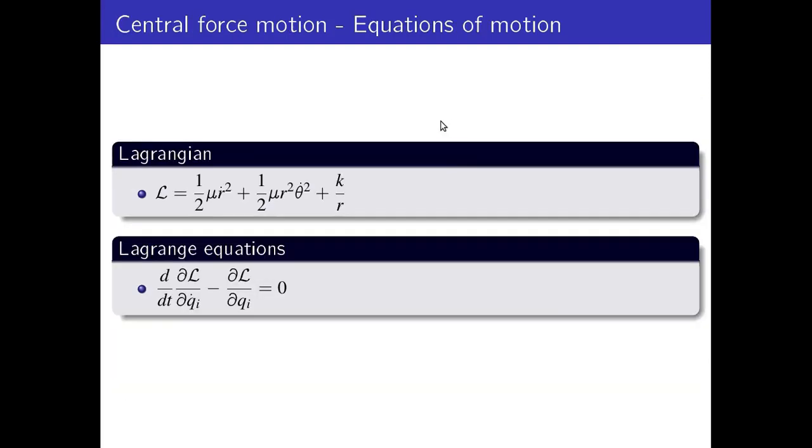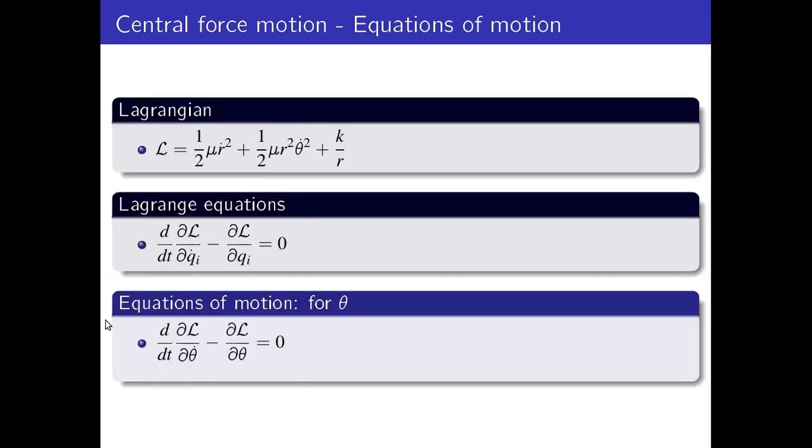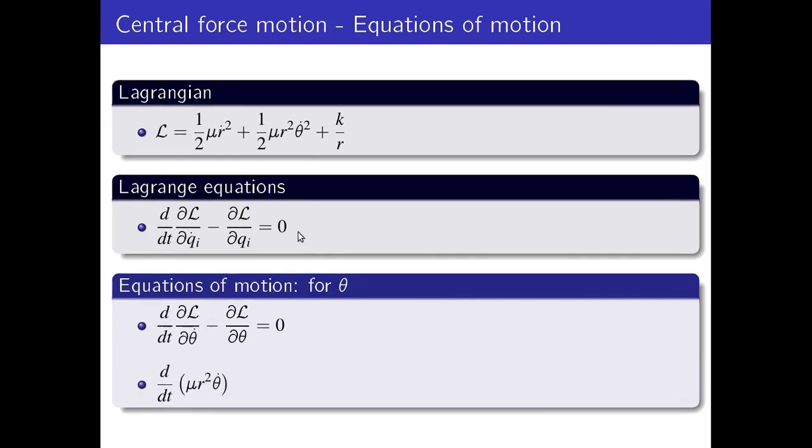Now we will obtain equations of motion by using the Lagrangian. Lagrange equations for theta can be written in this way. For the first term, we need to take the derivative of the Lagrangian with respect to theta dot, and the only relevant term is this one. From the derivative of this one, we obtain mu r square theta dot.